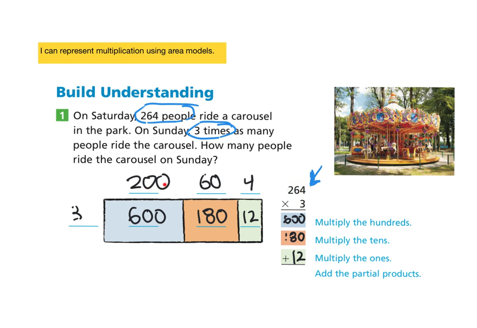And so we're finding partial parts of the product and then adding them together. Anyway, so let's add these together and we get a 2 in the ones place, 8, 9, 6 plus 1 is 7, 792. So it's a lot of people. So there's going to be 792 people on Sunday.